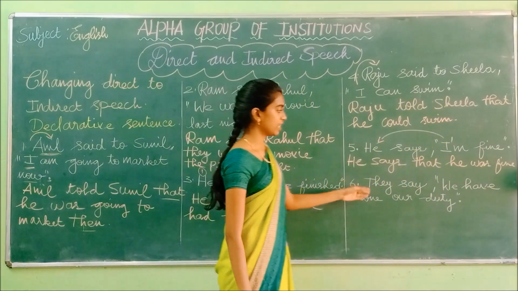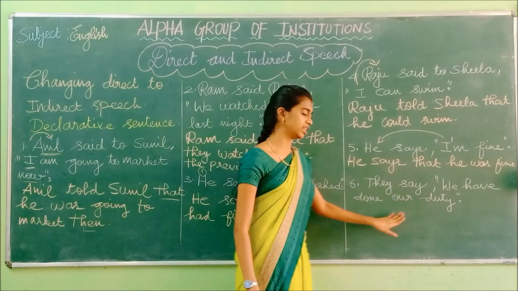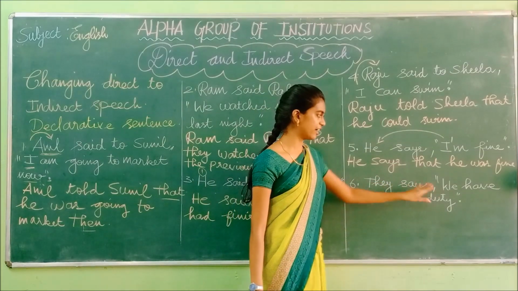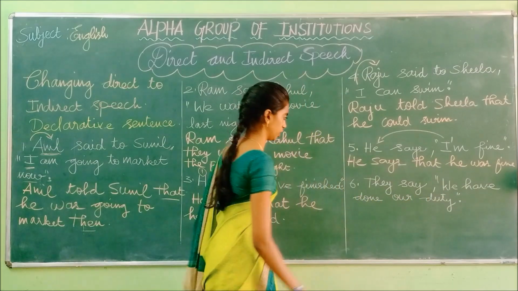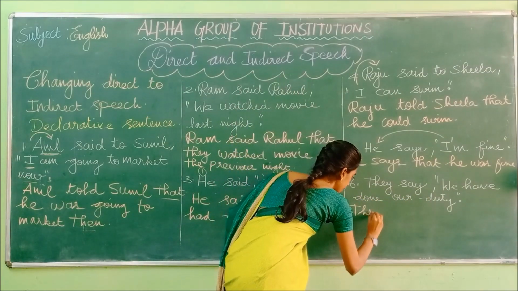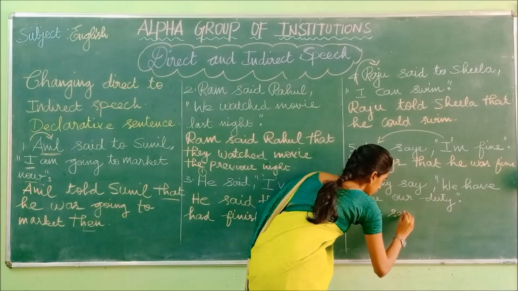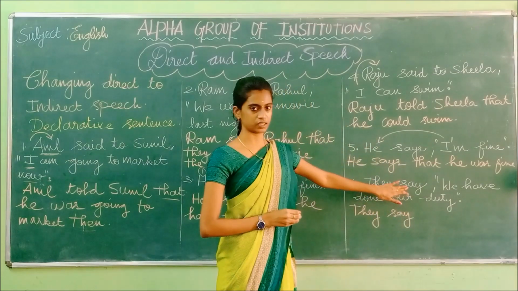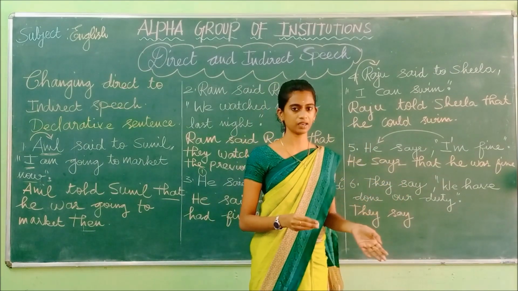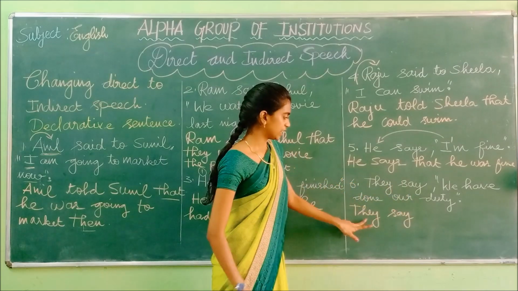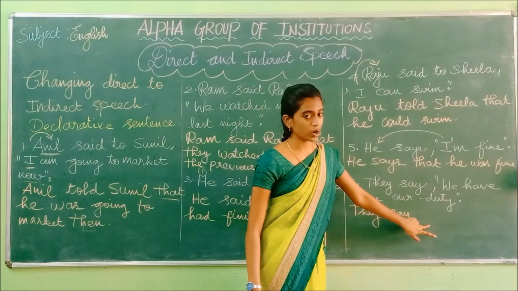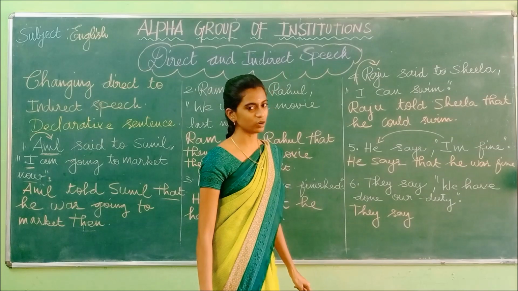And last sentence. They say, we have done our duty. So we have to write "they say". There is no change in this word "say". So in both direct and indirect speech, it's the same. They say, and next what do we have to do? Yes, we have to write the conjunction.